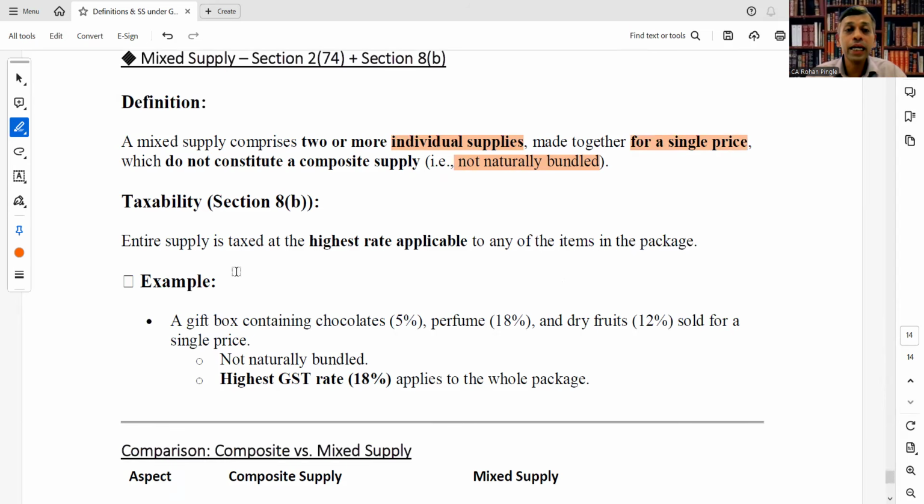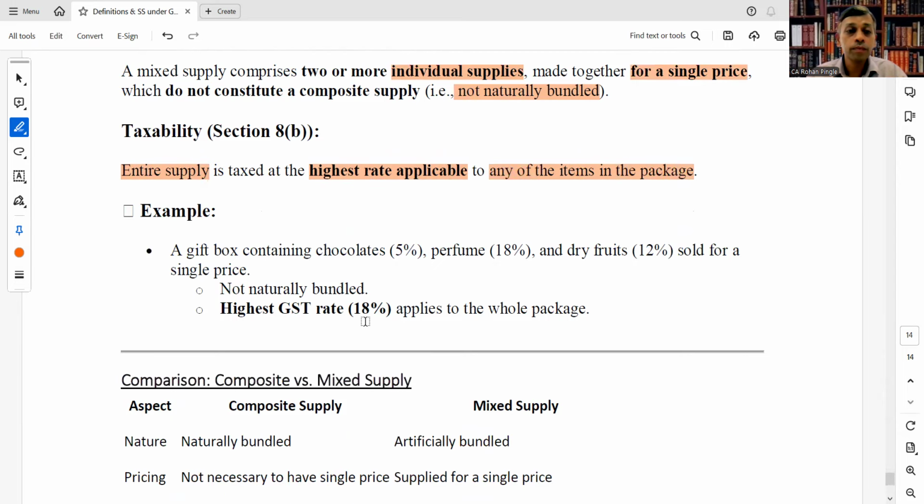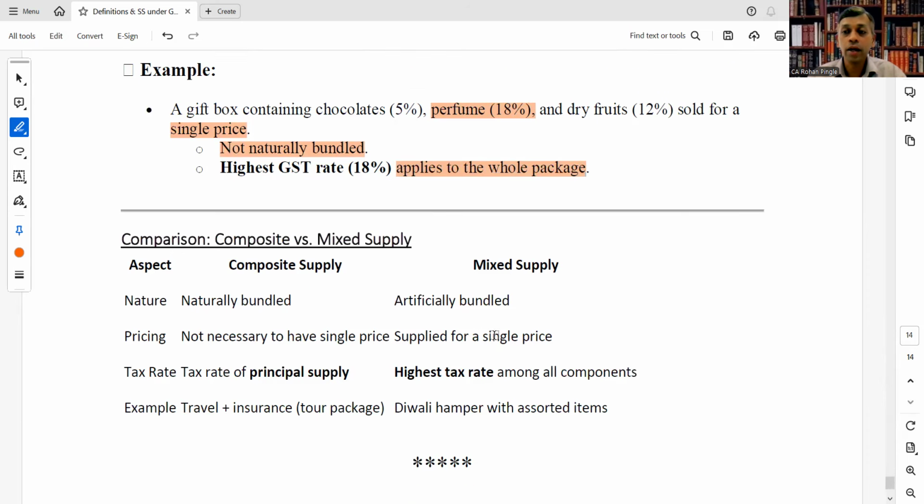On taxability, the entire supply is taxed at the highest rate applicable to any of the items in the package. For example, a gift box containing chocolates, perfume, and dry fruits sold for a single price, not naturally bundled. The highest GST rate is 18%, which applies to the whole package.